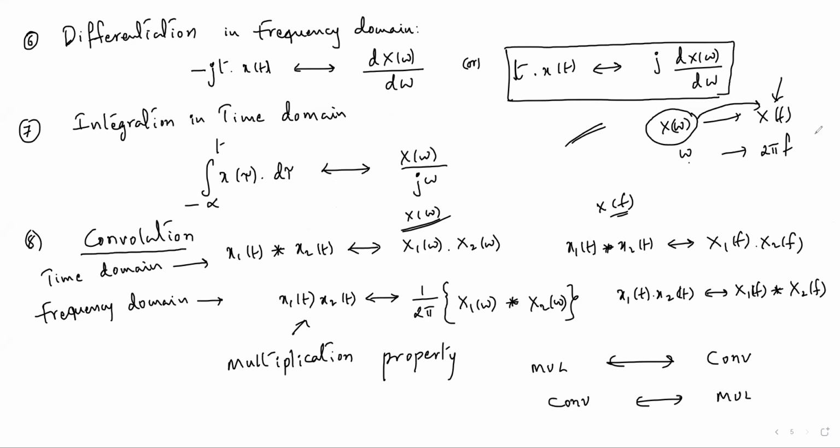Note on each statement clearly and observe the differences in x of omega format and x of f format. One by 2 pi comes into picture in the convolution of frequency domain in x of omega format. I hope all of you noted. Let us go to the next phase.